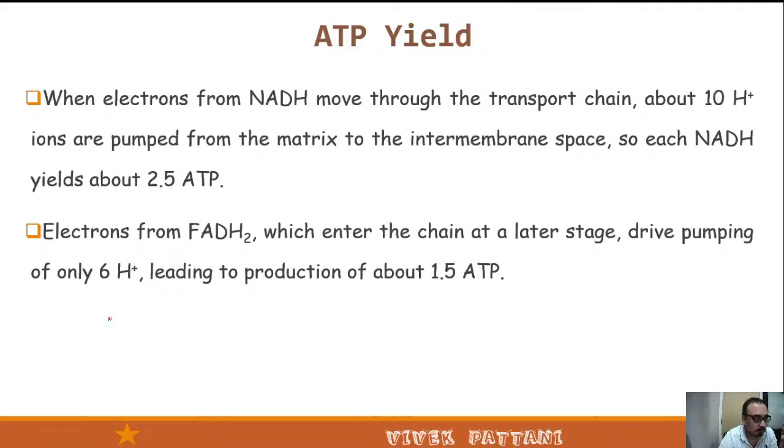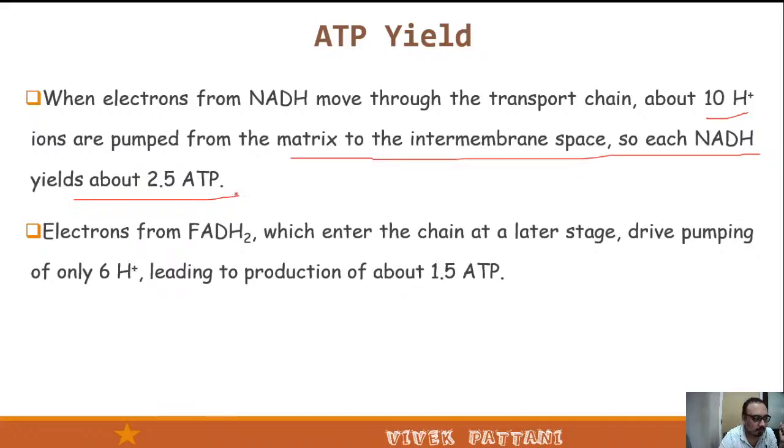When electrons from NADH move through the transport chain, about 10 hydrogen ions are pumped from the matrix to the intermembrane space, so each NADH yields about 2.5 ATPs.